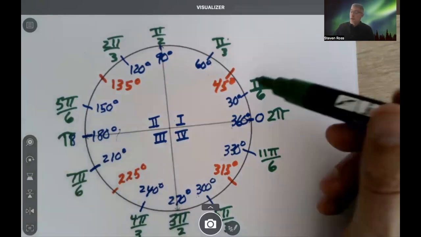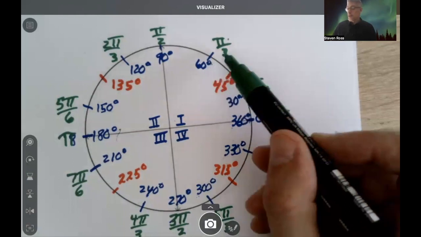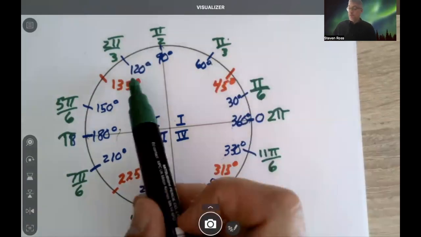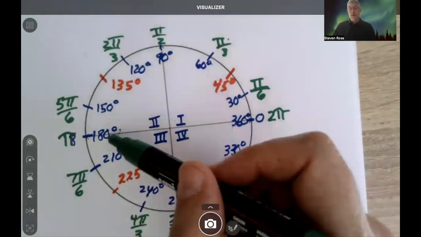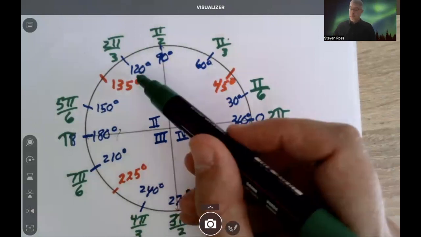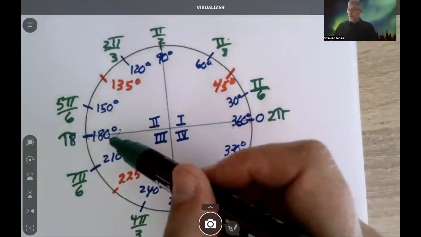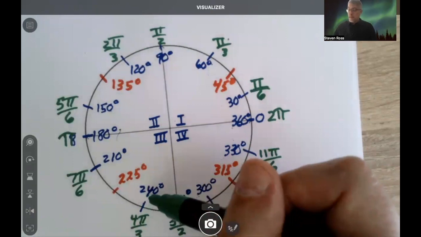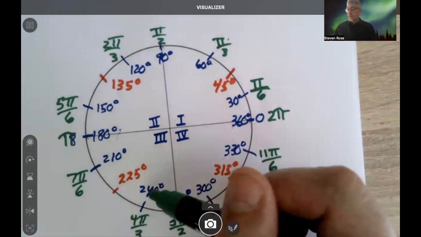And then all of the pi over 3 angles, well, they refer to like 60-degree angles. Pi over 3, the 2 pi over 3 is 120 degrees. And if you take 180 and subtract 120, you realize that that is actually a 60-degree reference angle. And then continuing on, 4 pi over 3, 240 degrees minus 180 is a 60-degree reference angle.